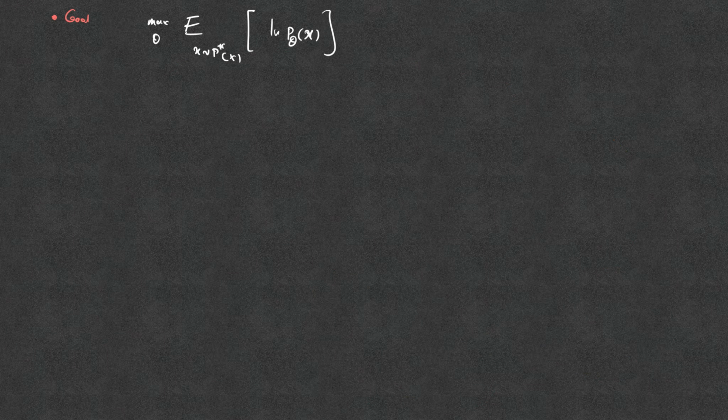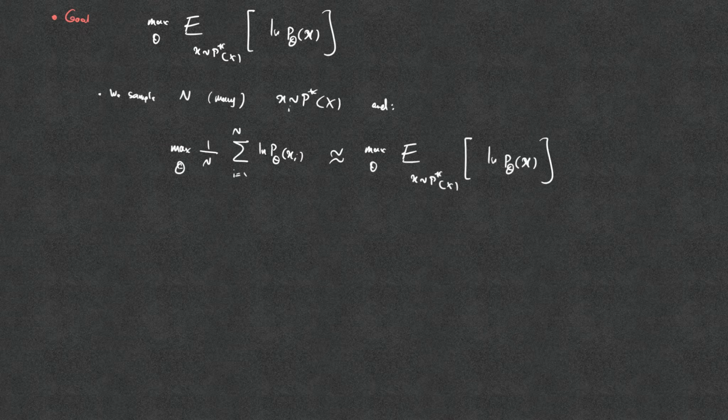So the goal is to obtain a theta which maximizes this kind of energy function, or the negation of a loss function. The way to do it is that you sample a lot of examples from the true distribution. For example, you take a lot of images, and then you compute this ln p theta of x_i divided by N. So basically, you get this empirical expected value, and you assume that this is the same as this.